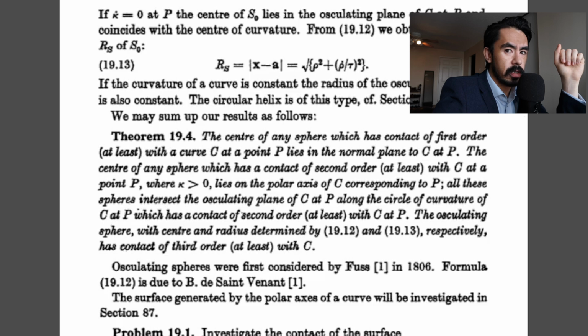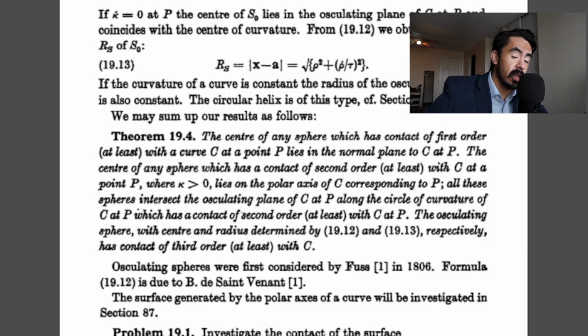The center of any sphere which has contact of first order, at least, with a curve C at a point P, lies in the normal plane to the curve C at the point P. The center of any sphere which has a contact of second order at least with C at a point P where kappa is greater than 0, that is to say, positive curvature, lies on the polar axis of the curve C corresponding to the point P. All these spheres intersect the osculating plane of C at P along the circle of curvature of C at P, which has a contact of second order, at least, with C at P. The osculating sphere with center and radius determined by what we just calculated, respectively, has contact of third order, at least, with C.